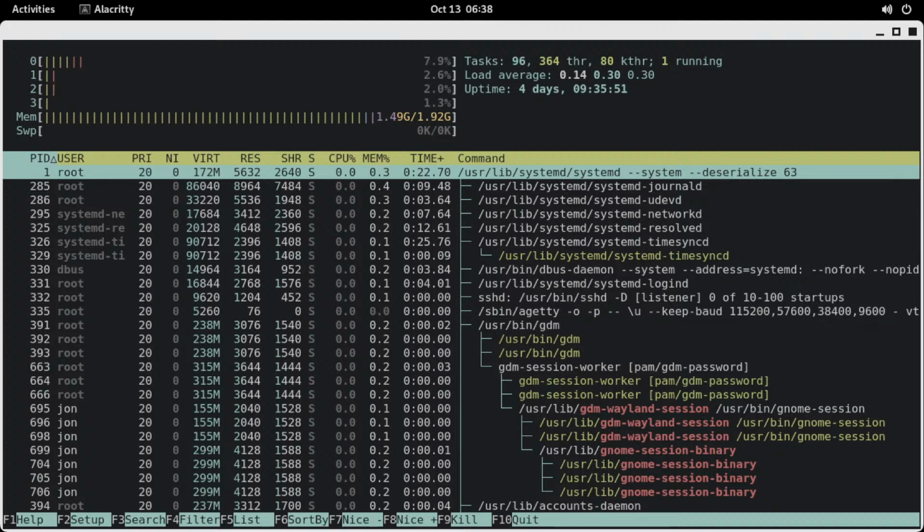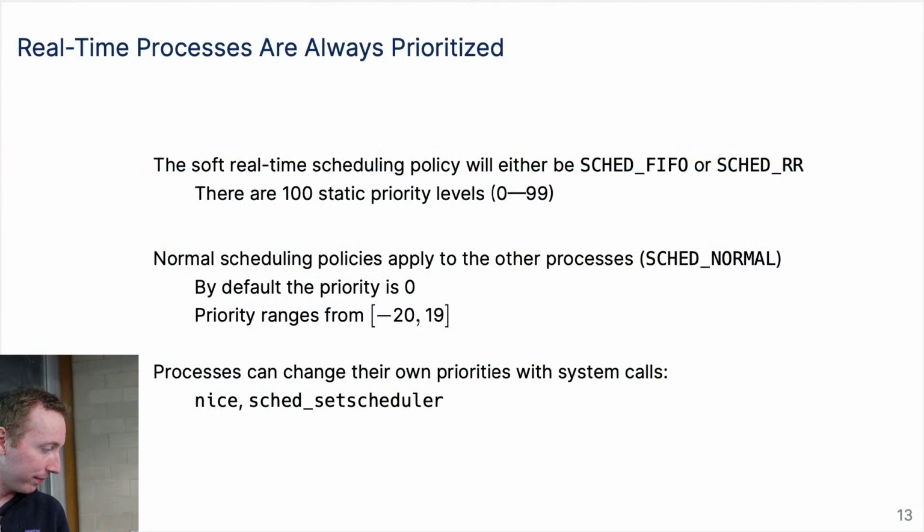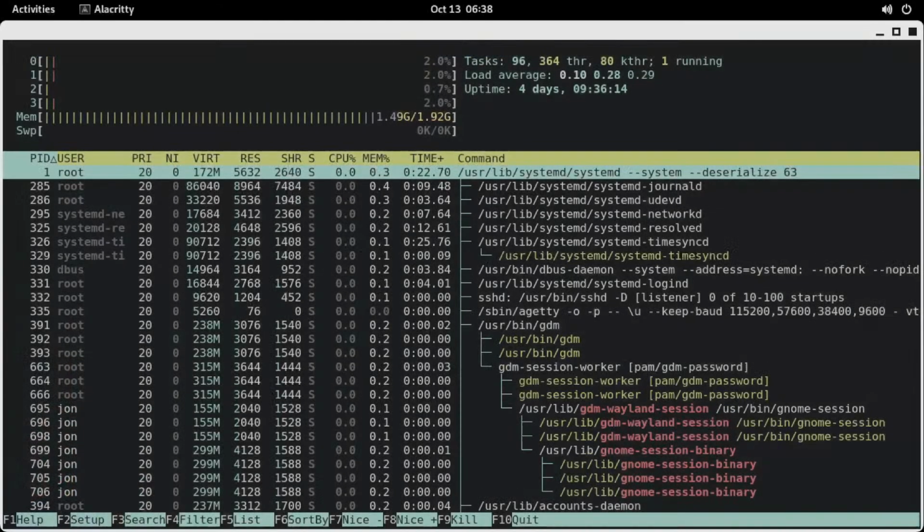And then there's this NI, which is its niceness. They're separate, so the niceness falls under that normal scheduling. A niceness number will be between -20 and 19, and by default it will be 0.